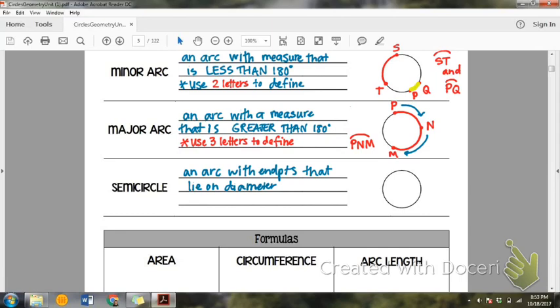And a semicircle always equals 180 because it's half of a circle. Okay, so again, endpoints that lie on the diameter, it is half of a circle.